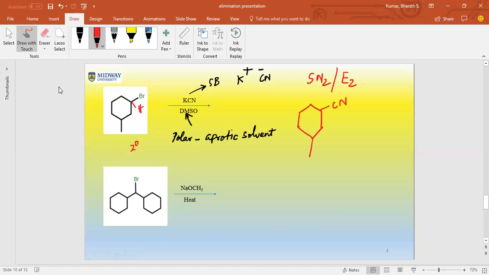Okay, because what happens here is your CN minus attacks this carbon and the Br comes off. So this is an SN2. Now what if it had been an E2?